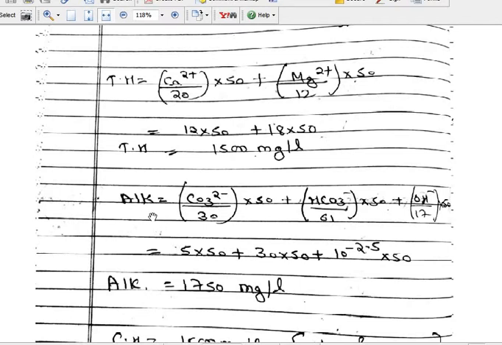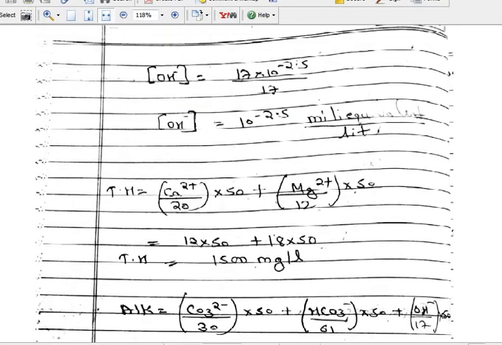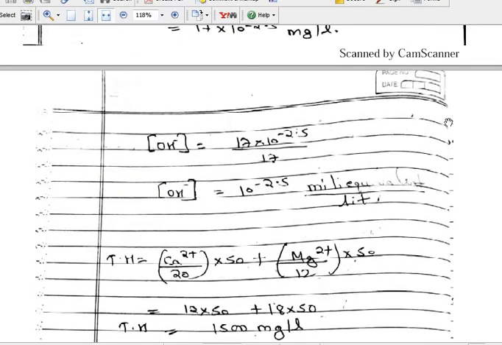Now for alkalinity, the carbonate ion concentration in milliequivalent, this is milliequivalent into 50, and this is milliequivalent of bicarbonate into 50, and this is milliequivalent of OH minus ion into 50. Carbonate is given as 5, bicarbonate is given 30, and OH we have calculated as 10 to the power minus 2.5.